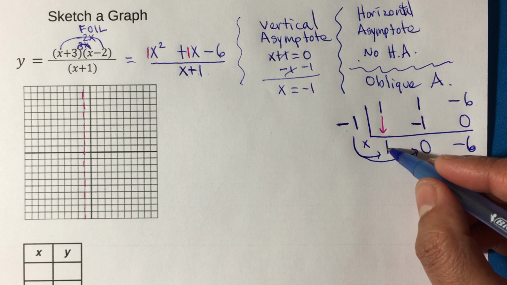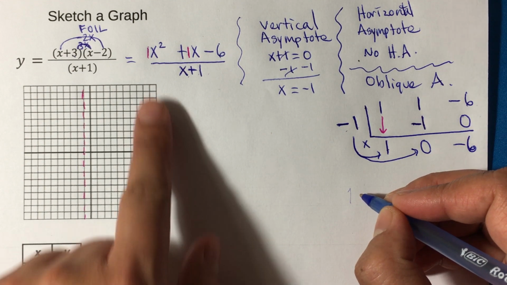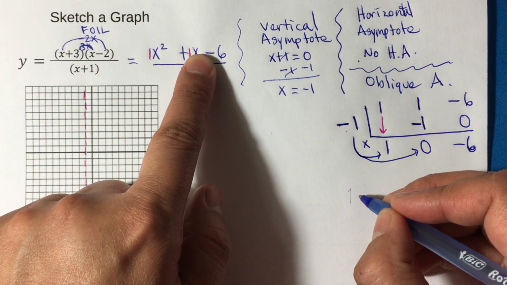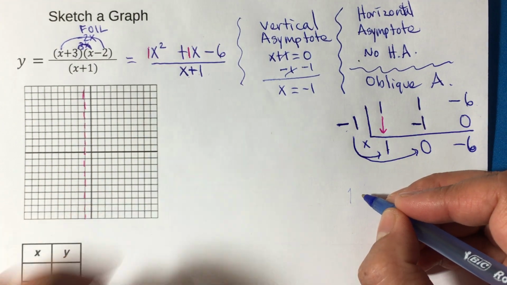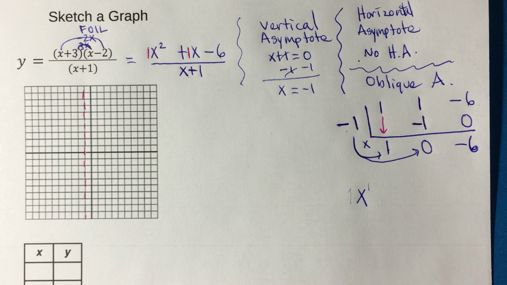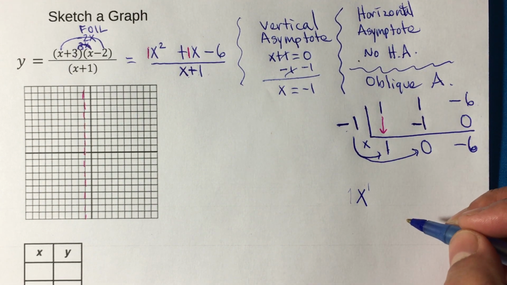So the answer would be 1, but we don't put the 1. And we look at whatever we're dividing, we put the next degree, the next exponent. So if this was a 2, we put an exponent 1. Again, we don't need to put that in there. The next is 0. We don't need to put 0.